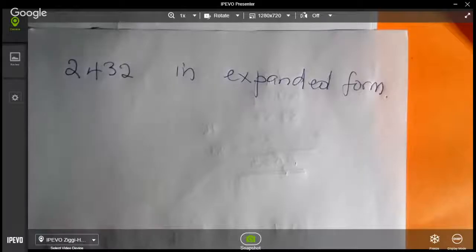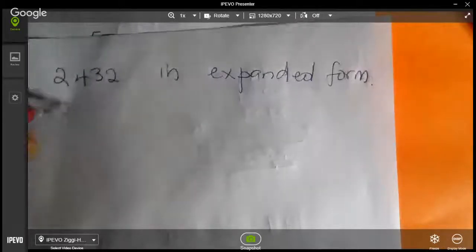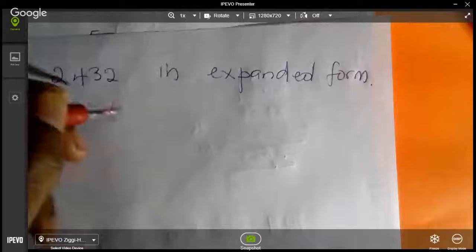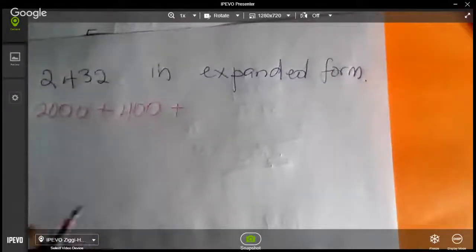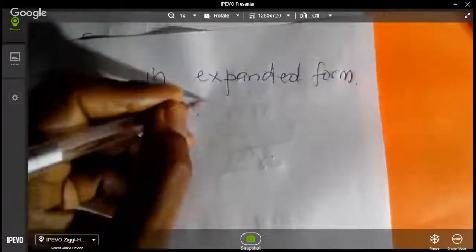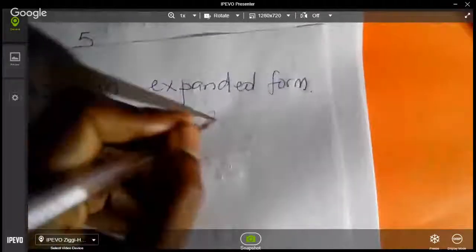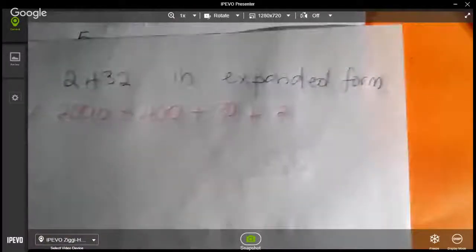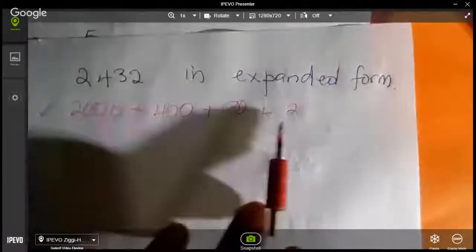Yes, sir. 2,432 in expanded form. That's just writing it out long. So what do I need to have? 2,000 plus 400 plus 30 plus 2. Okay, that's good.